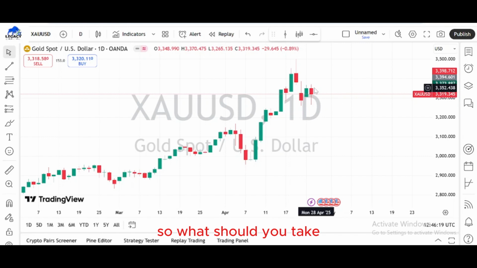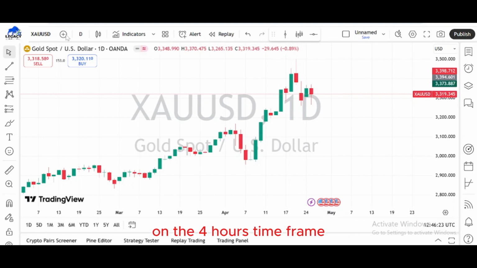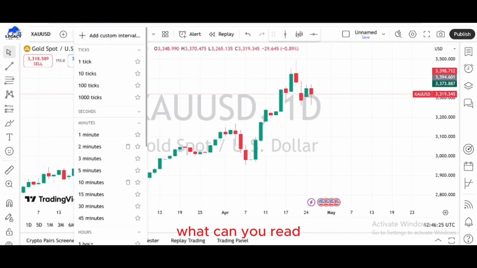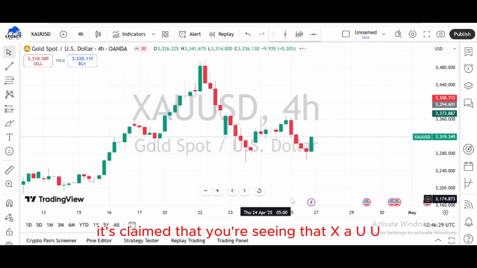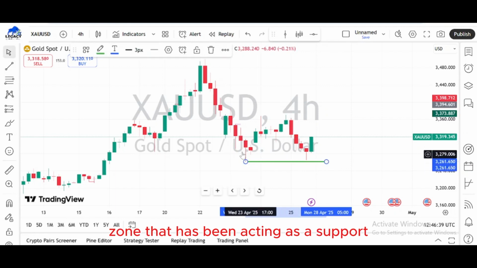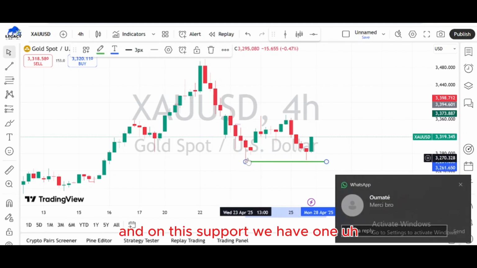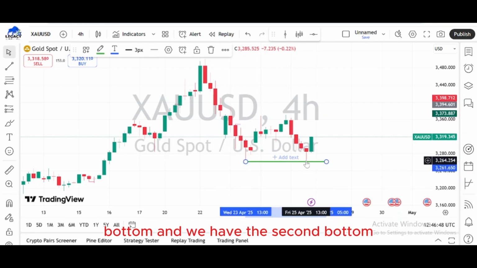So what should be your lookout as a trader this week? On the 4 hours time frame, it's clear that XAU USD is on a zone that has been acting as a support, and on this support we have one bottom and we have the second bottom.